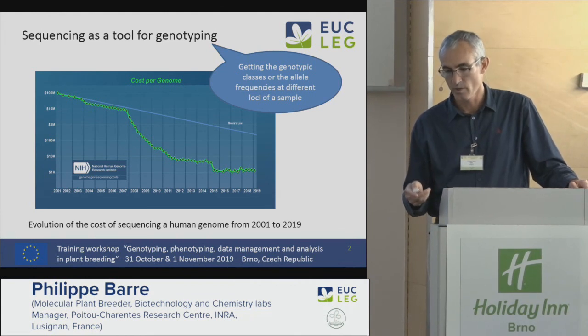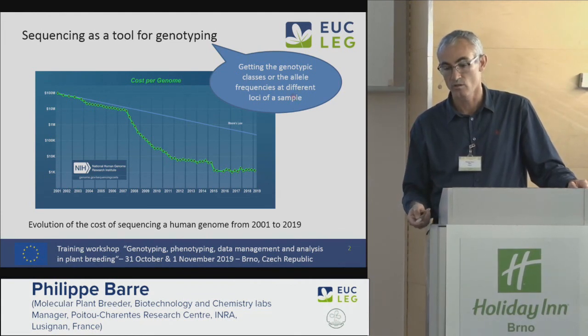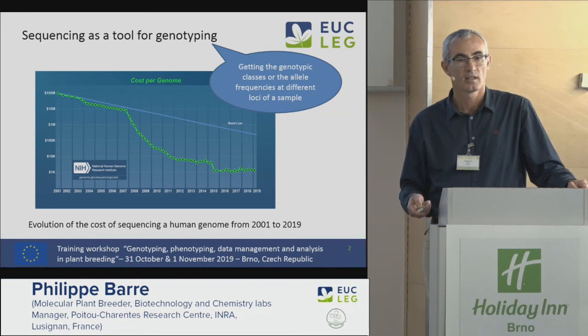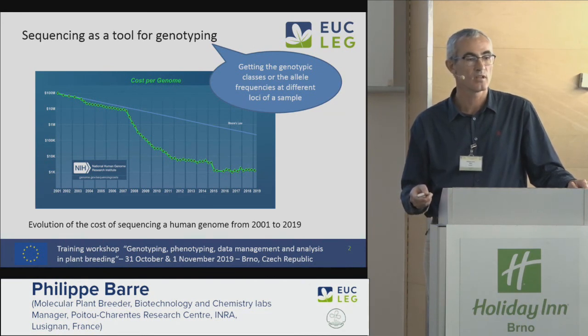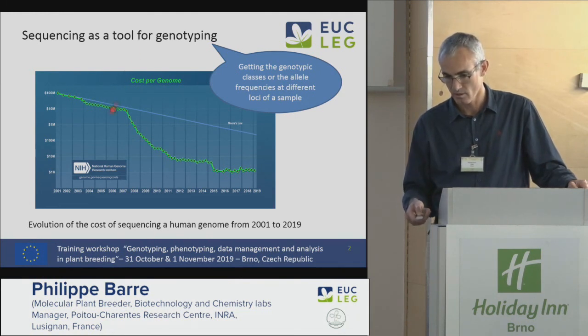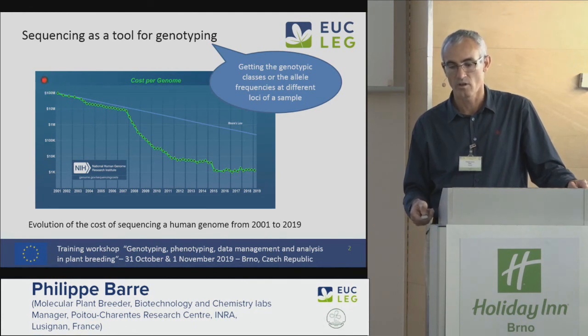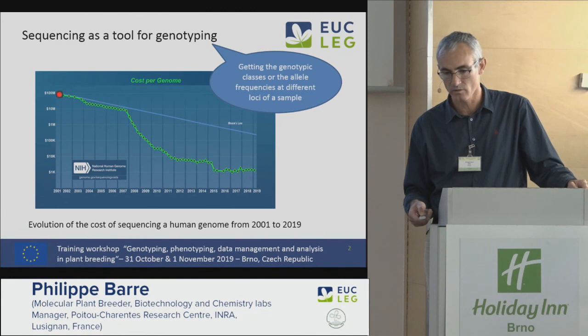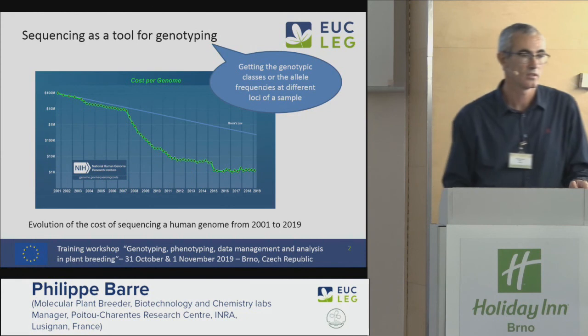And with the dramatic decrease of the price of sequencing, it has been possible to use sequencing for genotyping. Here you have the price of getting a complete human genome sequence. You see it was $100 million here, and it's now about $1,000.